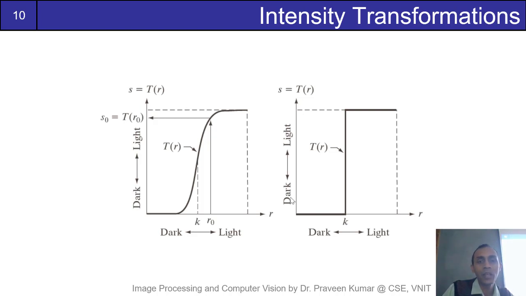And this is the example we discussed last class. This example is basically where the first transformation function, or the mapping function, can be seen as a contrast stretching function.